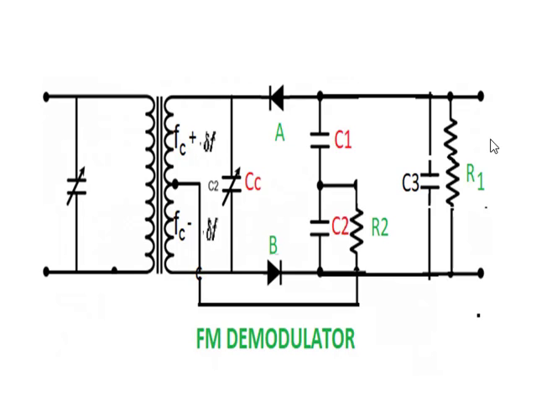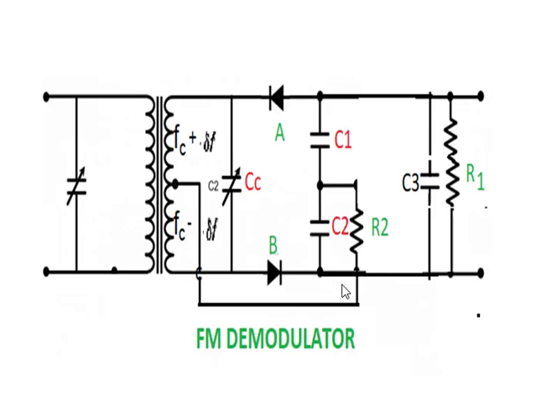The circuit consists of the transformer, a tuned capacitor, and another capacitor tuned for the carrier frequency, two diodes A and B connected opposite in polarity, two capacitors C1 and C2, another capacitor C3, and finally a resistor R1.